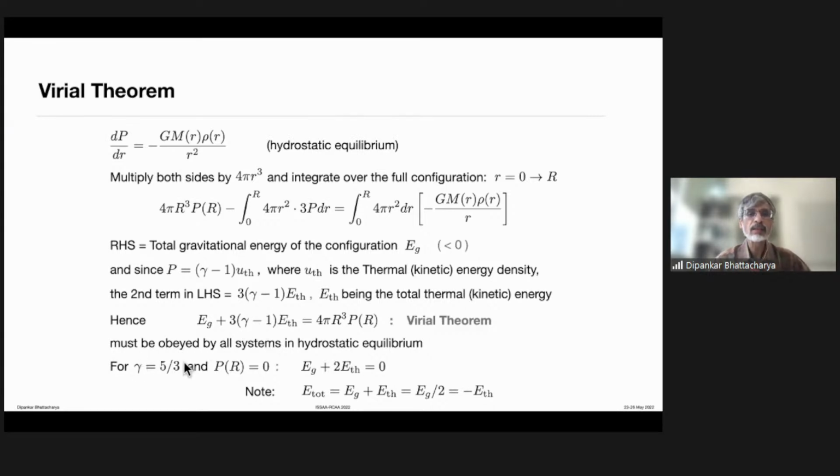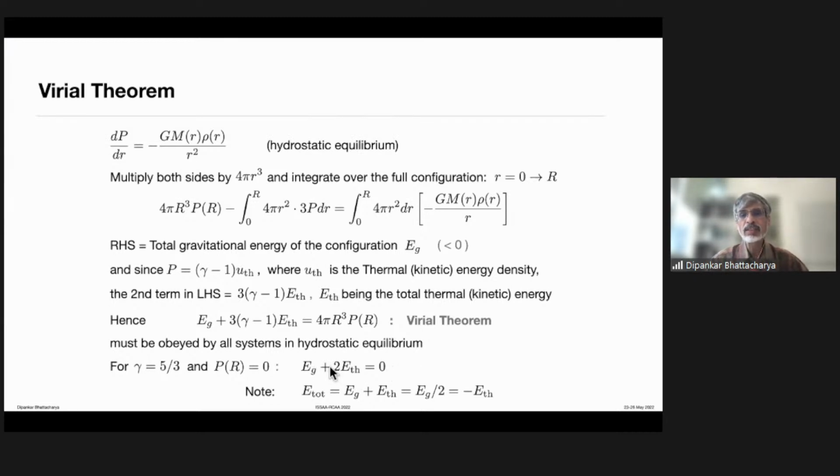And in that case, the adiabatic index is 5/3. So given that, you will derive from this expression, gravitational energy Eg plus twice E thermal is equal to 0.